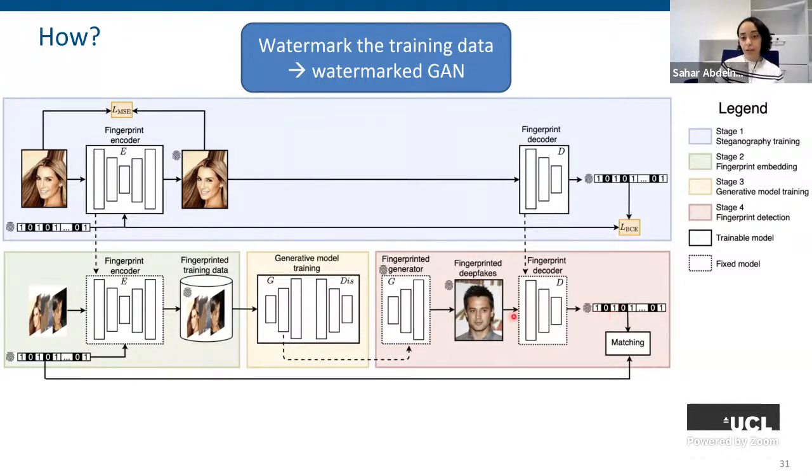Therefore, the watermarks are transferred from the training data to the GAN and to the output without introducing any changes to the GAN training. Then, based on the fingerprint decoder, we can compare it to the watermark that we know we have inserted into the training data, and try to establish if there is a match between them or not.